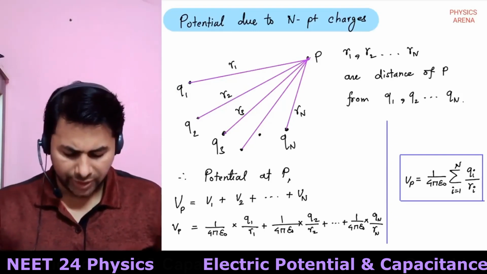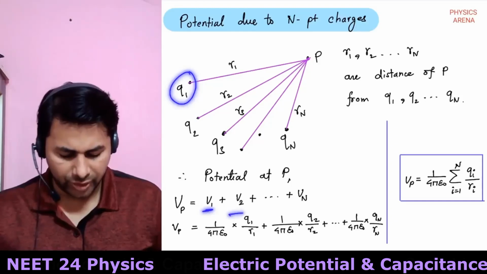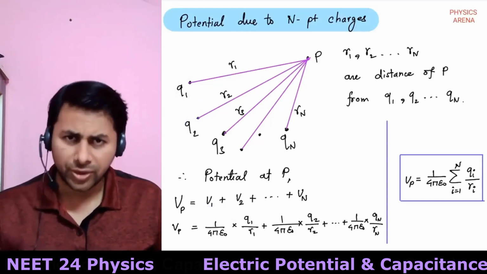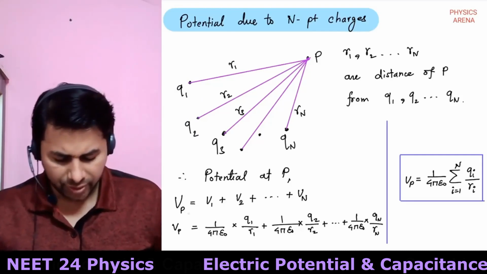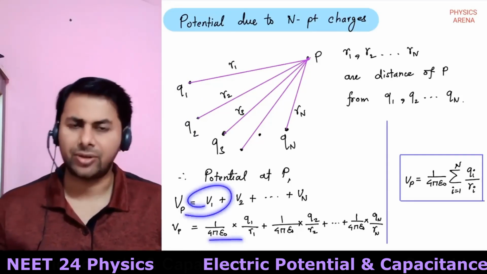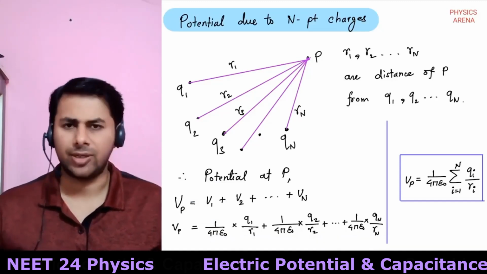So the total potential at P is V1 due to Q1, plus V2 due to Q2, plus V3 due to Q3, and so on. Then you know potential is 1 upon 4 pi epsilon naught multiplied by q upon r, so you put that and you get this formula.